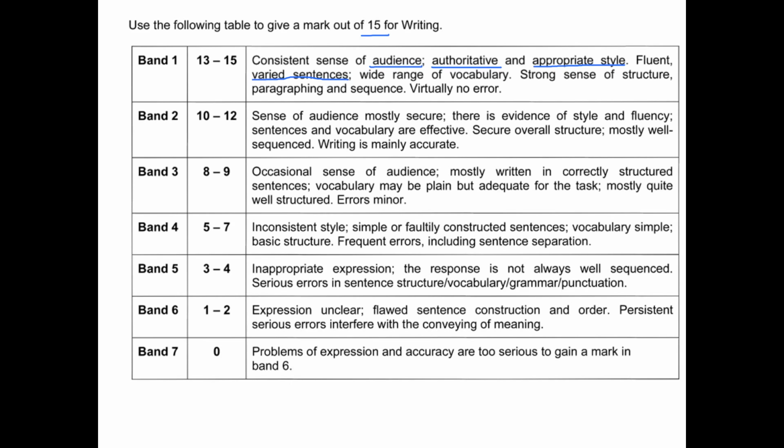But actually the easy shorthand for doing that is just to say one thing to yourself. Start every sentence in a different way. And once you do that, your writing becomes immediately sophisticated and it leaps up into the top band. So start each sentence in a different way and you're going to get into band 1.